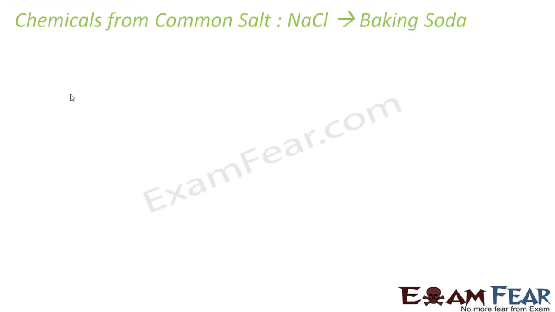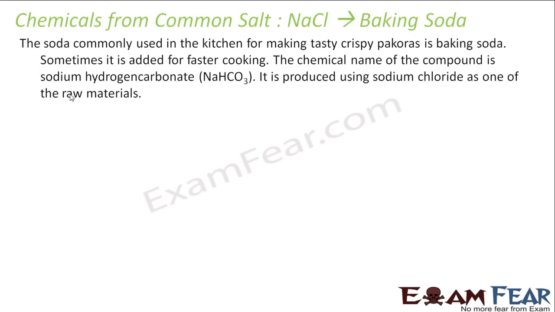Sodium chloride, this common salt, is also used to create baking soda. The baking soda is generally used in the kitchen, to make pakoras and crispy things, and it's also used for faster cooking. The compound name is NaHCO3, sodium hydrogen carbonate.